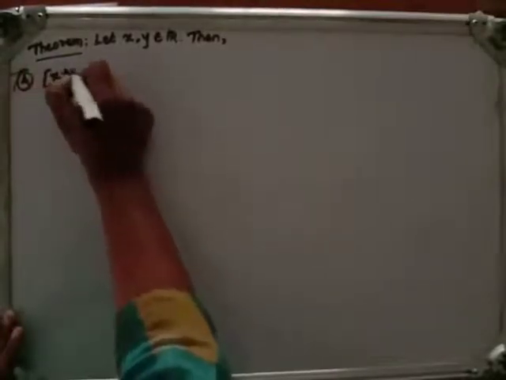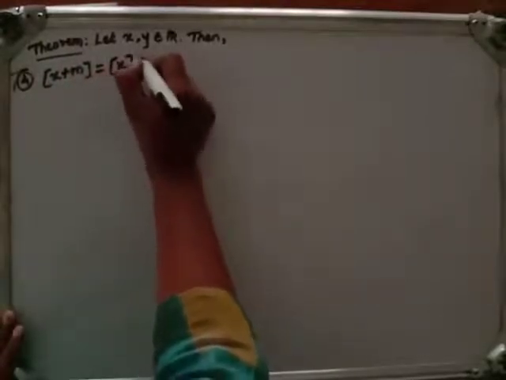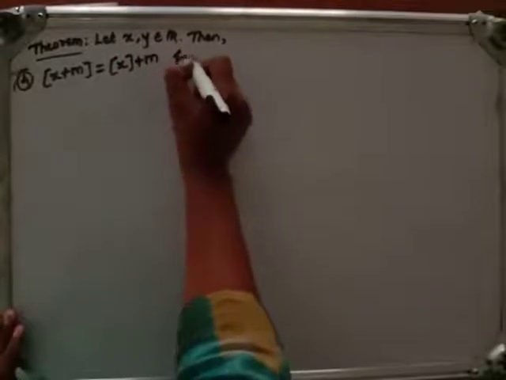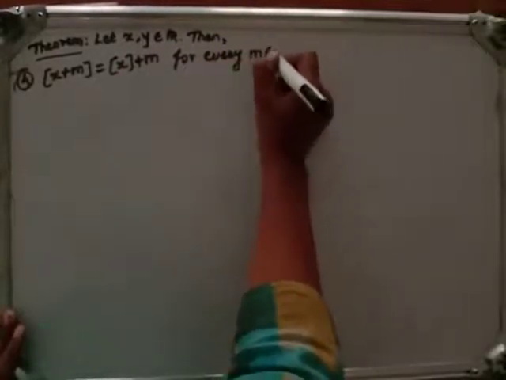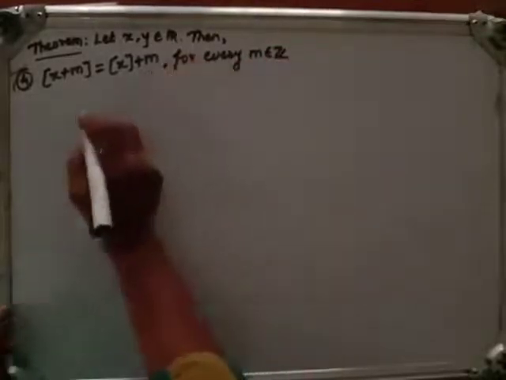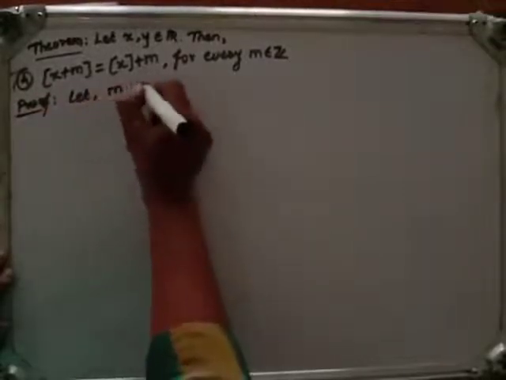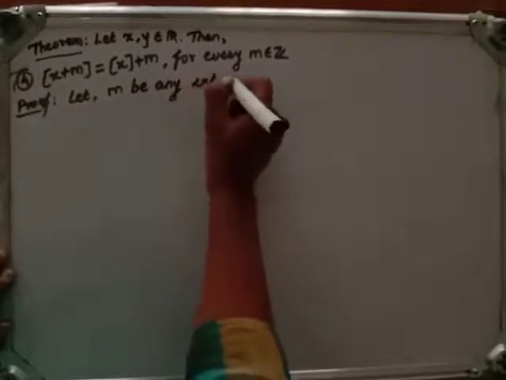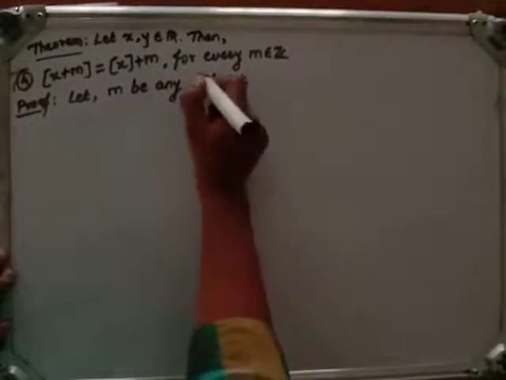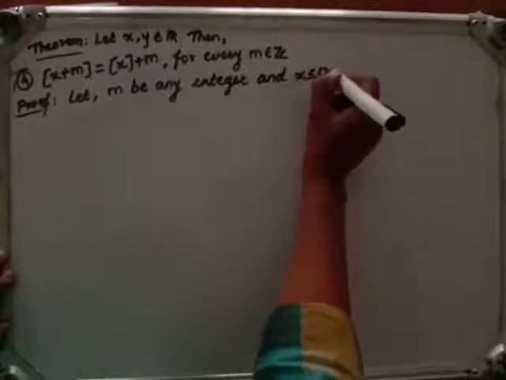The greatest integer function of x plus m equals the greatest integer function of x plus m for every m in the set of integers. So, proof of this: let m be any integer and x a real number.